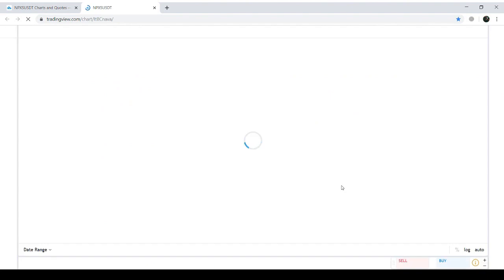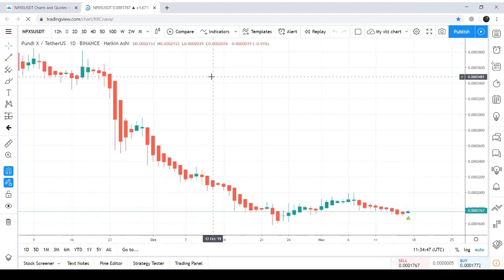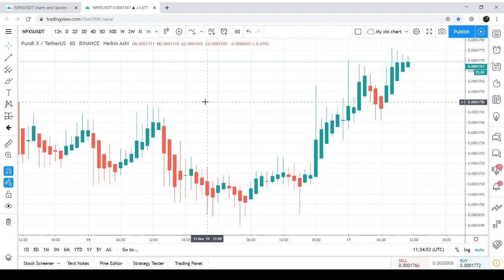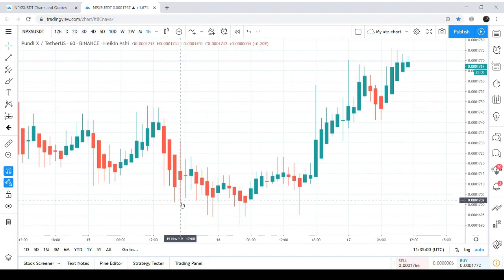This is a live chart. I'm just switching it to the 1 hour first because we are moving from the smaller time period chart towards a bigger time period chart.